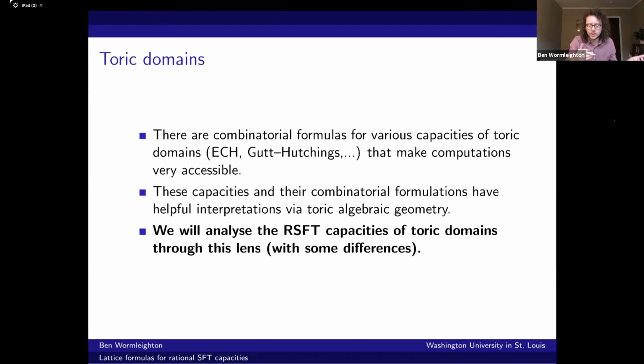For ECH, Hutchings, other capacities, the relationship to algebraic geometry came after the relationship to combinatorics. In this situation, to actually get a combinatorial formula, we had to pass through algebraic geometry. And so that's a nice feature. It also means that some of these techniques can have some promise for situations outside of the toric case as well.